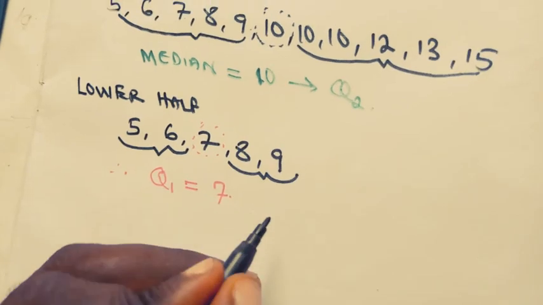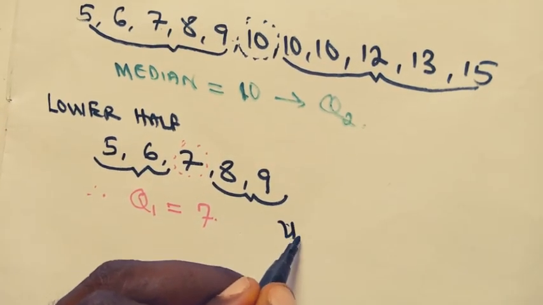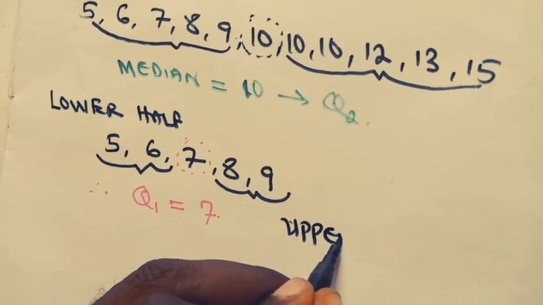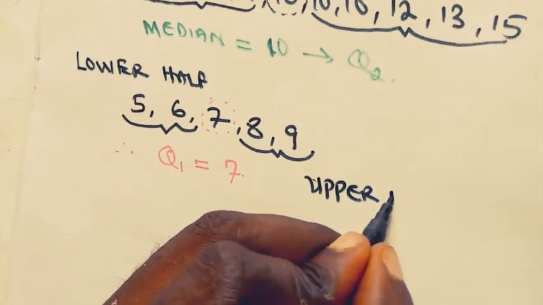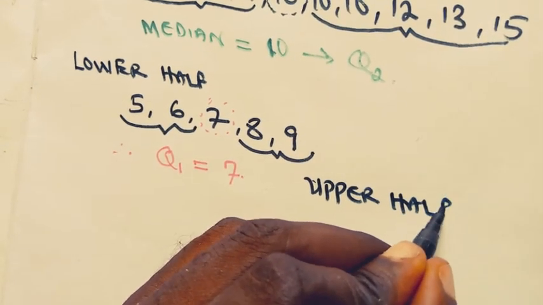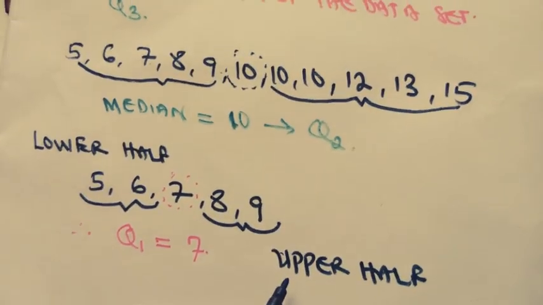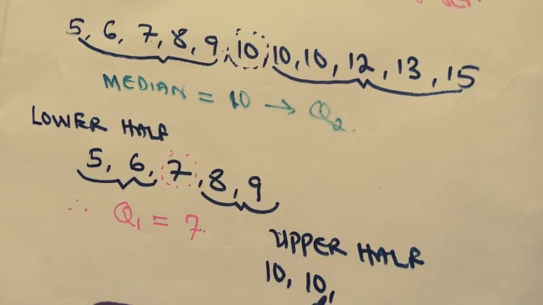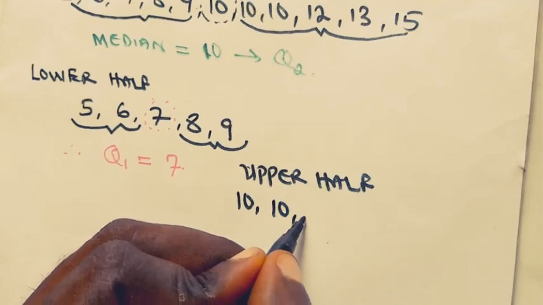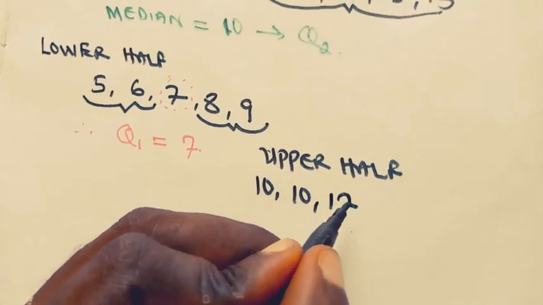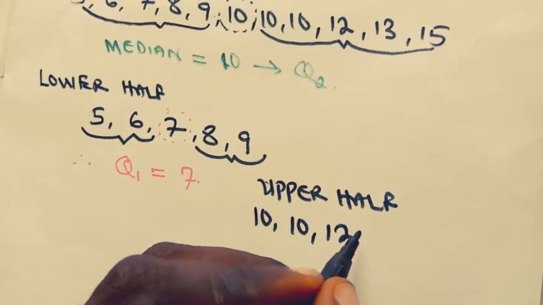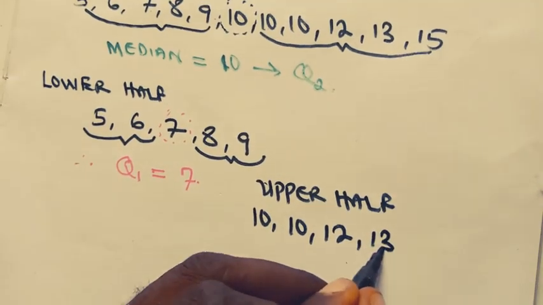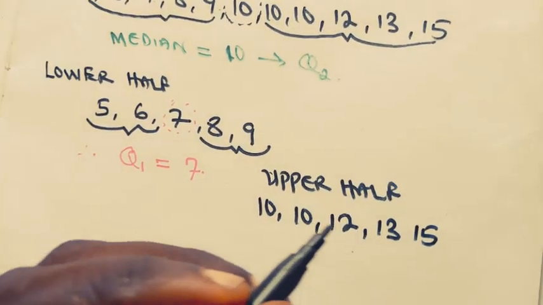In the same vein, for the upper half we have the numbers 10, 10, 12, 13, and 15.